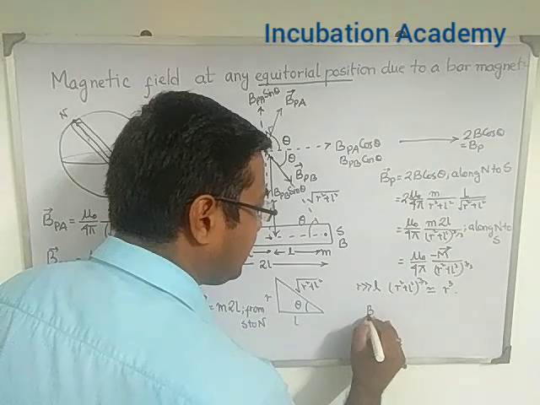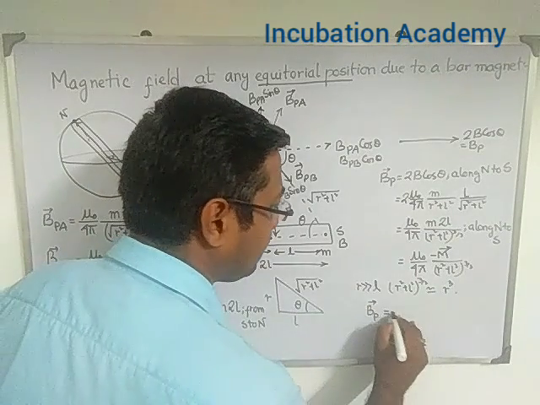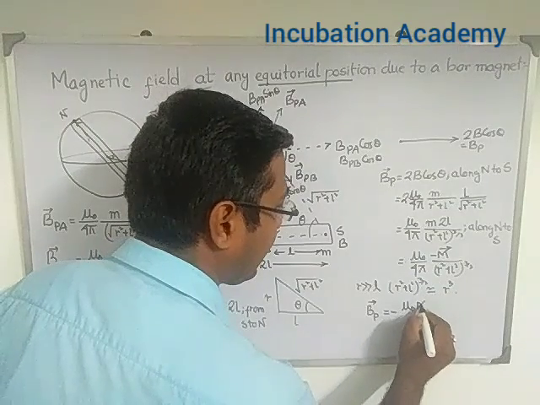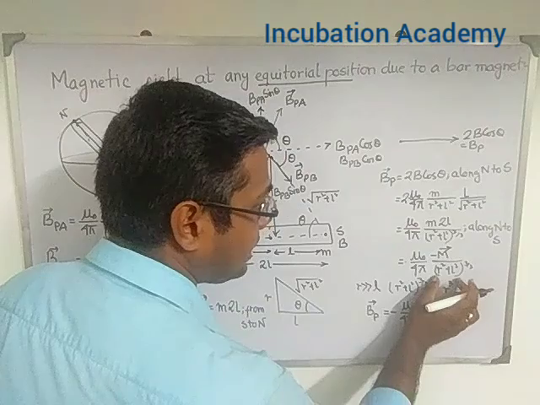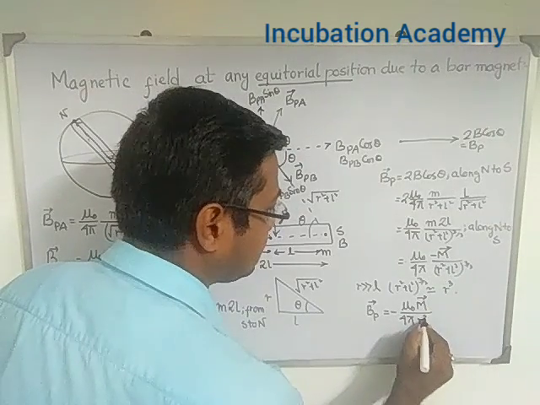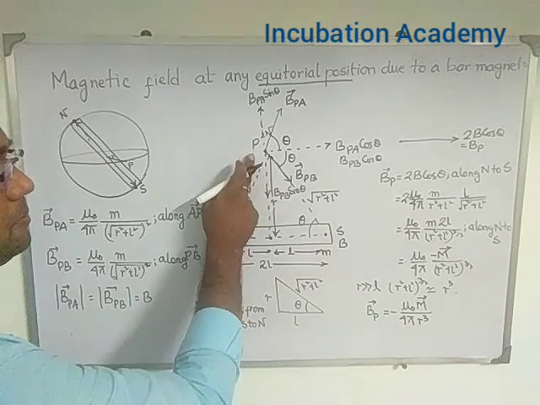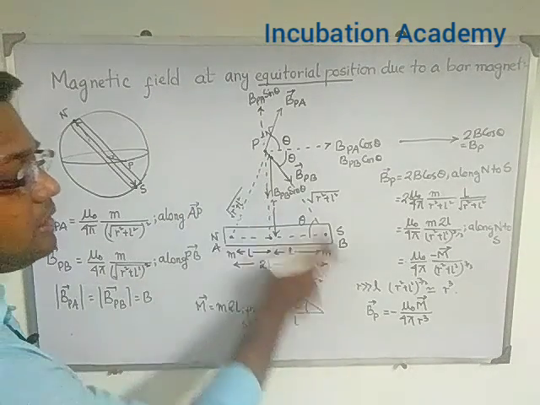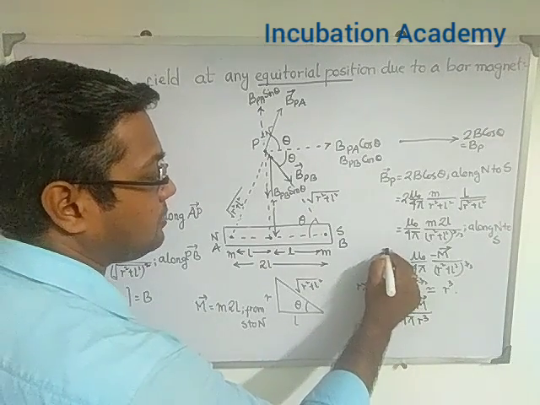So the magnetic field at the point P under this approximation will be minus of mu naught, I am taking the minus sign here, M vector divided by 4 pi r cube. So this is the expression of the magnetic field at the point P, or at the equatorial position, at the position on the perpendicular bisector after approximation, and this is before approximation.